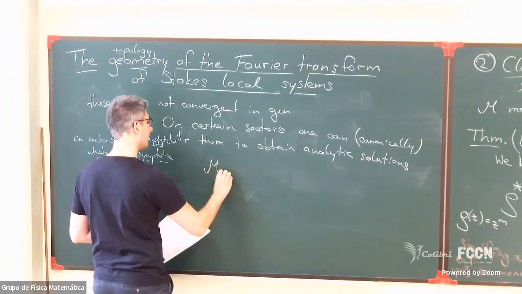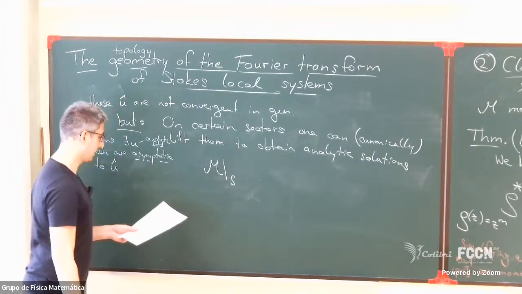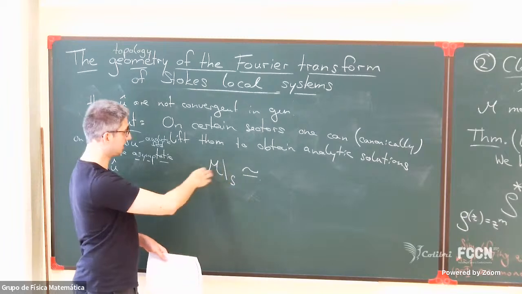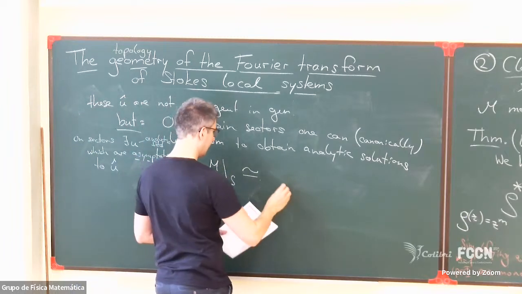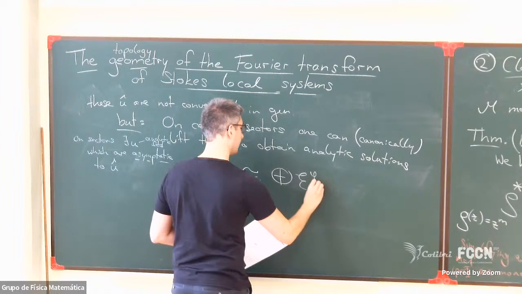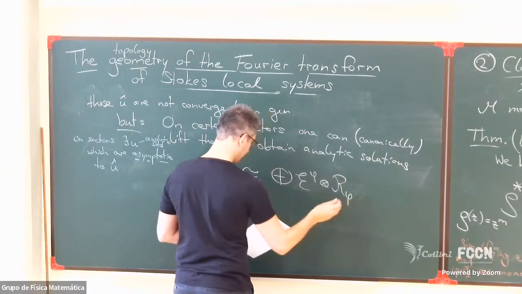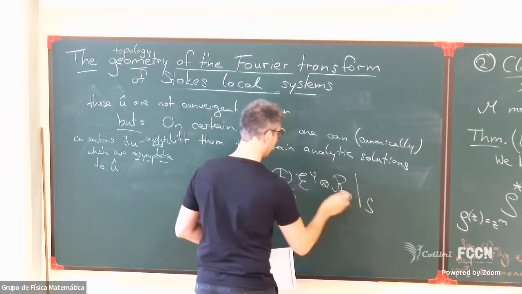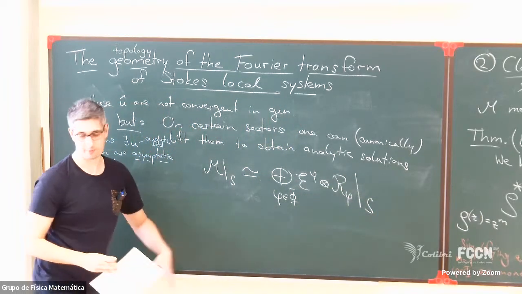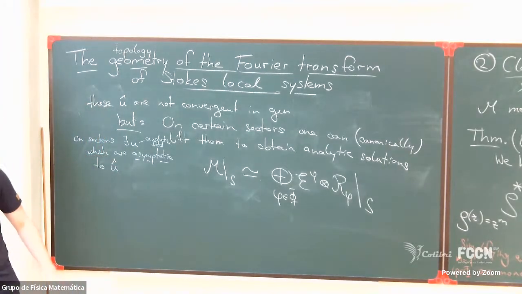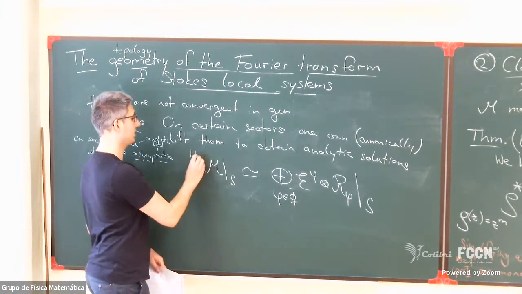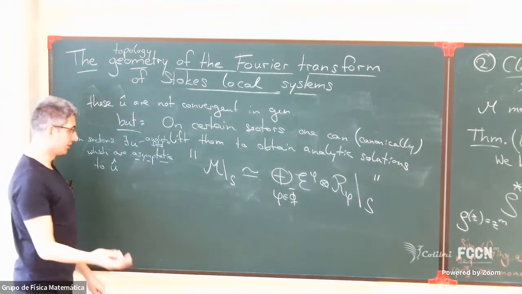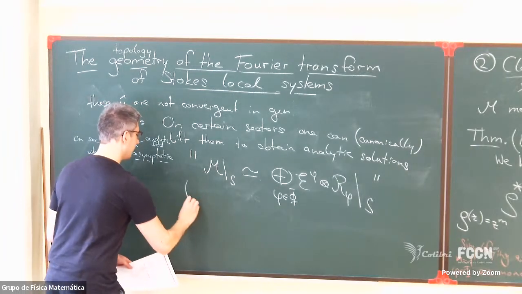And in the formal language, what does this mean? It means that if I restrict the meromorphic connection to a sector, I don't have the hat here now, so this is no longer formal. Then this is actually analytically equivalent to a system like this, but only on the sector. I'm lying a bit when I write this, so put it in quotation marks for those of you who know what's going on here.